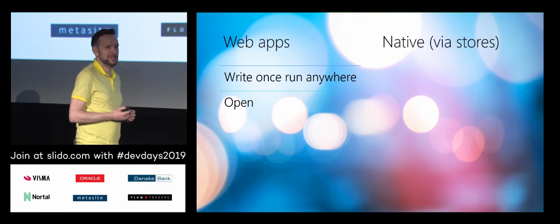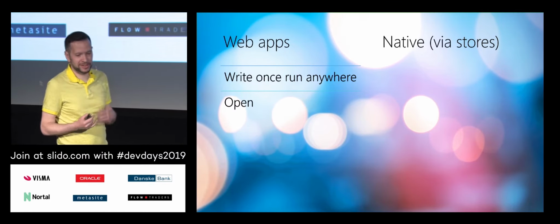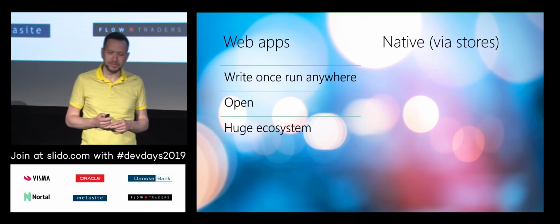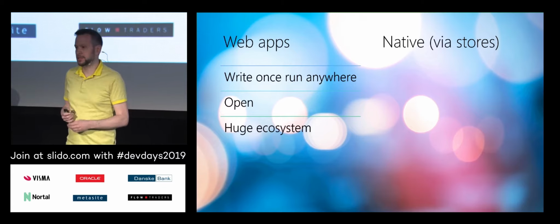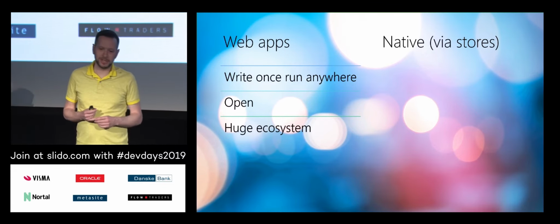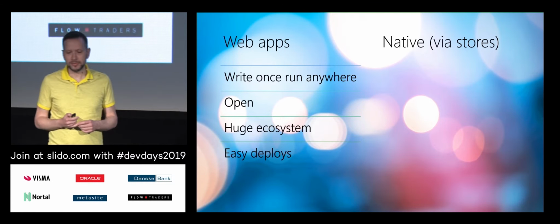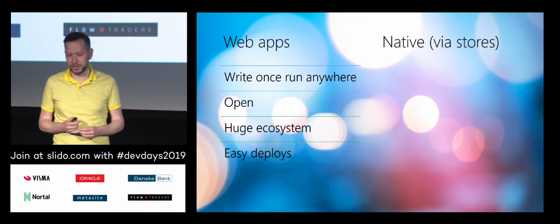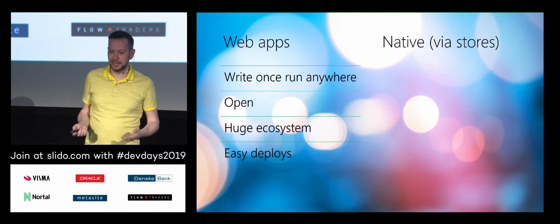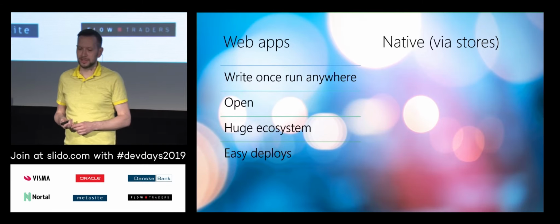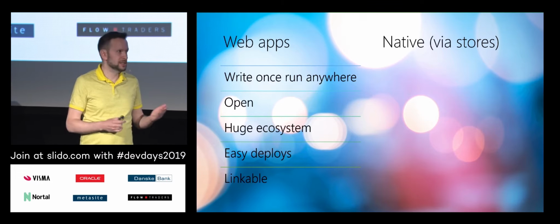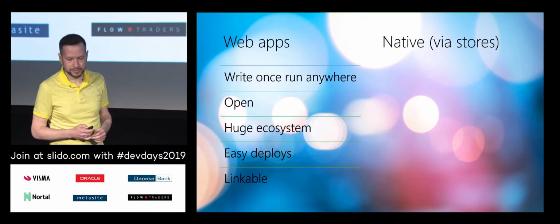And even if some company wants to take control of it, the resistance will form and it will most likely win. We have a huge ecosystem of tools, libraries, frameworks, and whatnot on the web. We can deploy our web apps to the environment we control, and it's quite easy, and the distribution goes from there without any issues. And we can link and deep link into our web apps.